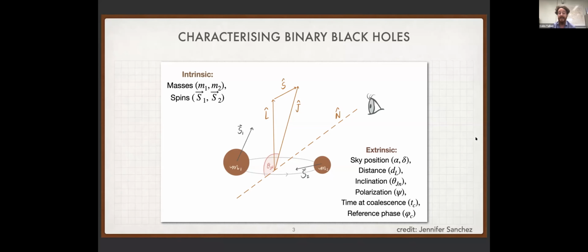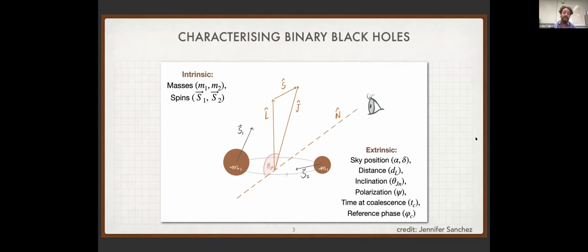And in addition to mass, black holes have a spin, an angular momentum, which is a 3-vector. And so you can describe these astrophysical black holes in a binary by 4 parameters each, or 8 intrinsic parameters to the binary. This is neglecting eccentricity, which is very important, and there's good research on it, but it's not quite made it into our population analyses yet.